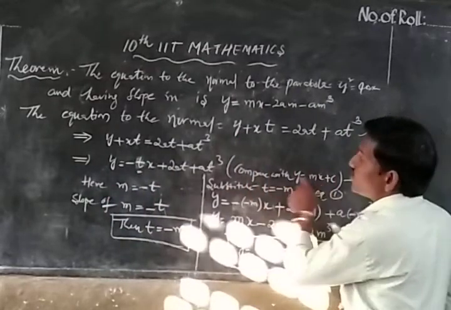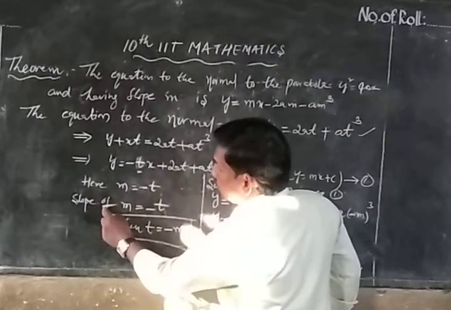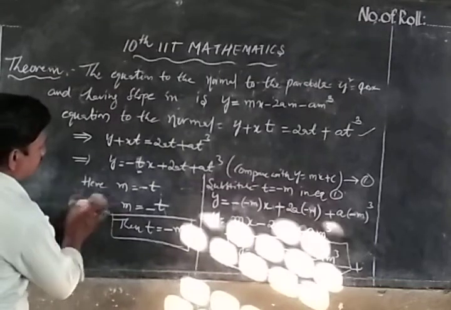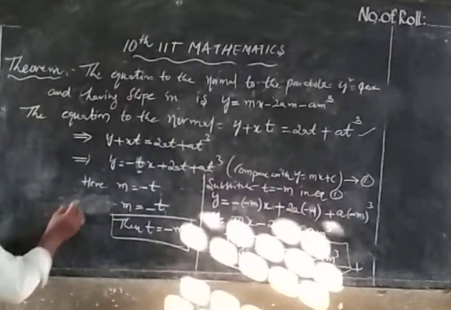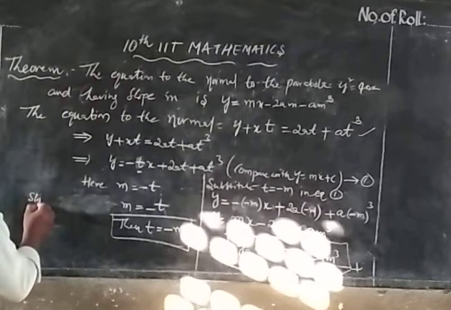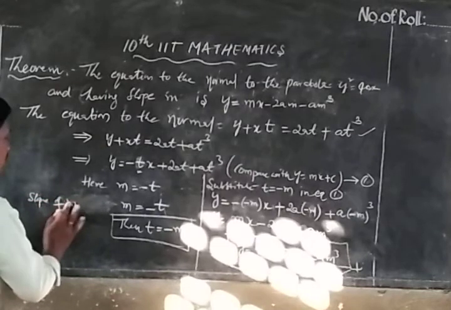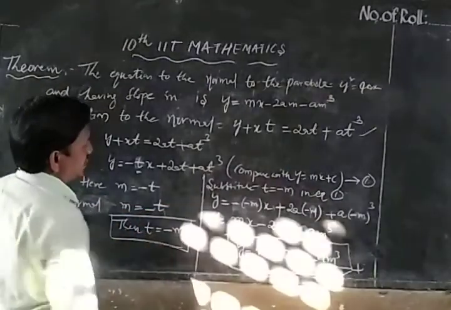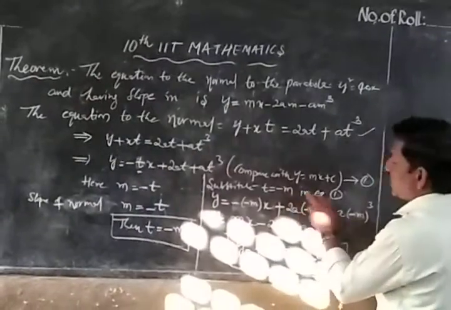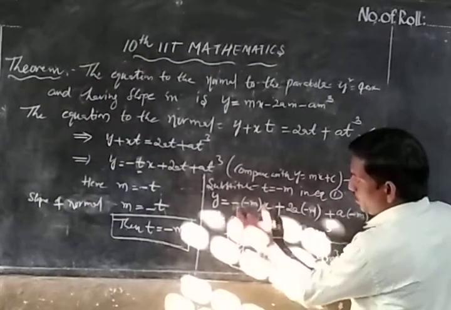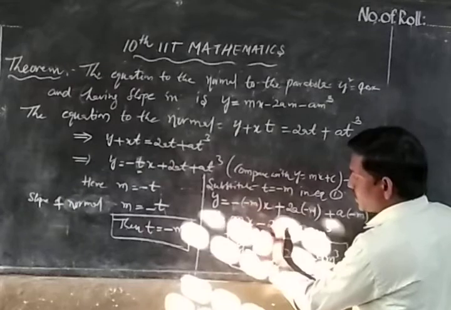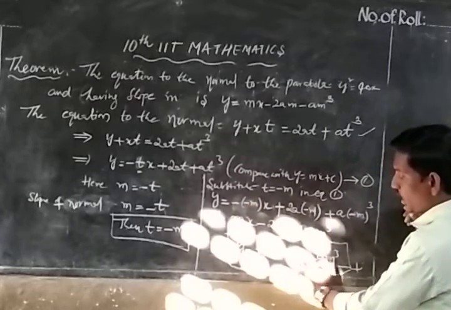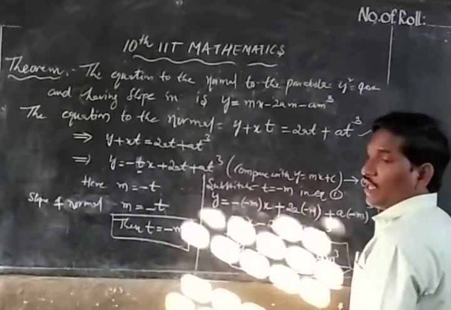In the place of m, which one is there? Minus t. Slope of normal m = -t. Then t = -m. Substitute t = -m in equation 1. So y = mx - 2am - am³. So this is the other theorem.